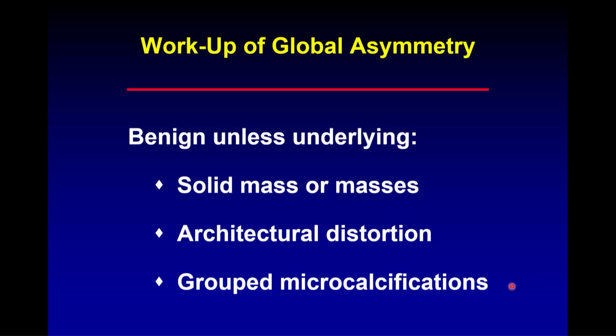And the third one is that if you didn't appreciate calcifications in the global asymmetry with a screening exam, you should do a spot mag view to see whether there are really little calcifications in it, because if there are, then that's an appropriate explanation for your global asymmetry. Because you can have DCIS that doesn't form a border, that doesn't form a mass, but if you see the little calcifications that you didn't see at 2D or at synthetic, you will see them on spot mags.